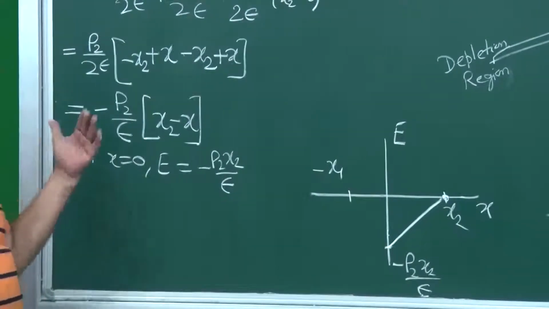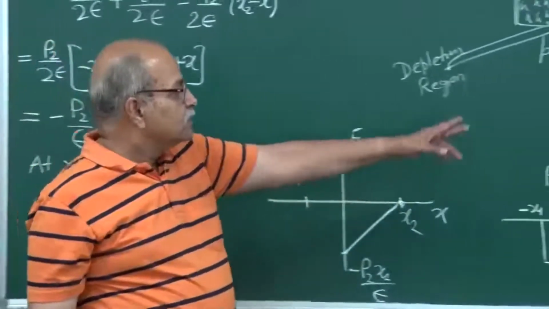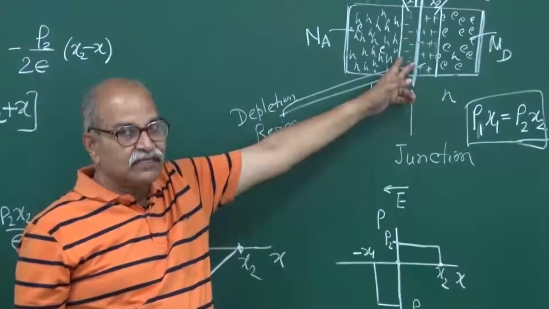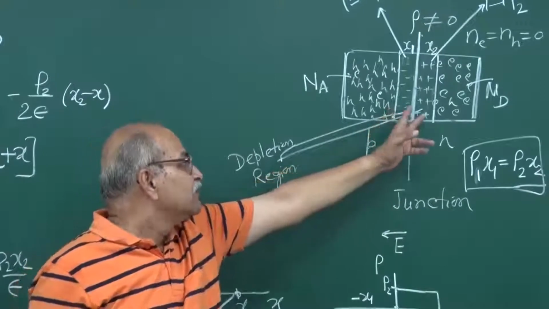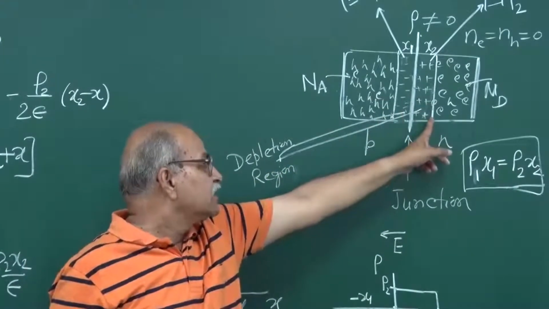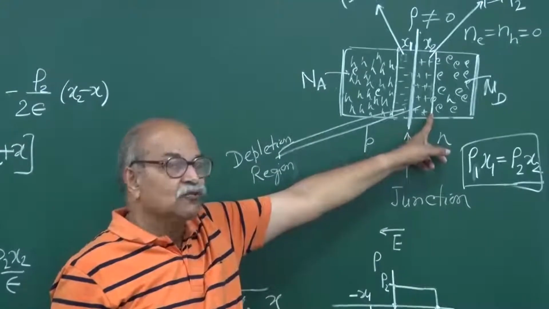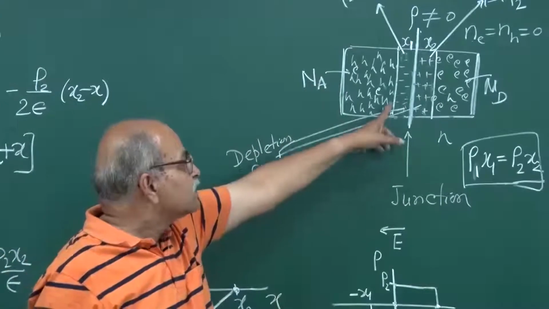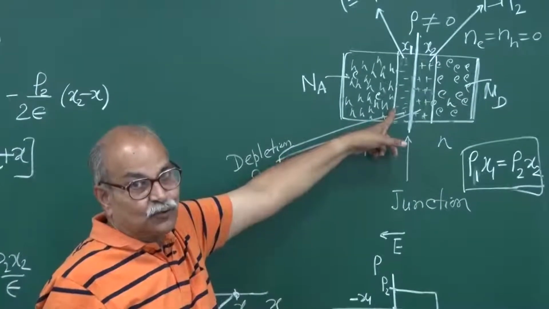You can do a similar calculation for the electric field in this other part, and you can just guess what it will be. When I did this, I got the electric field at x equal to x2 as 0. Do exactly the similar analysis and you will get the electric field at x equal to minus x1 as 0.